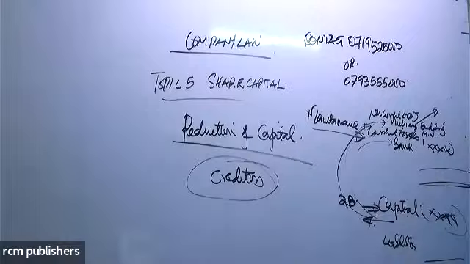Where a creditor entered in the list does not consent to the reduction, the court may, if it deems fit, dispense with the consent of such creditor if the company secures payment of the debts. Registration of the order: the court's order confirming the reduction shall be filed with the registrar.